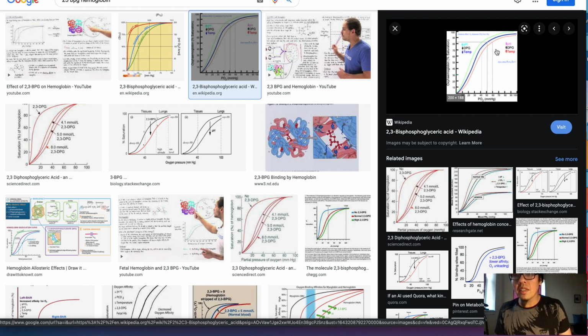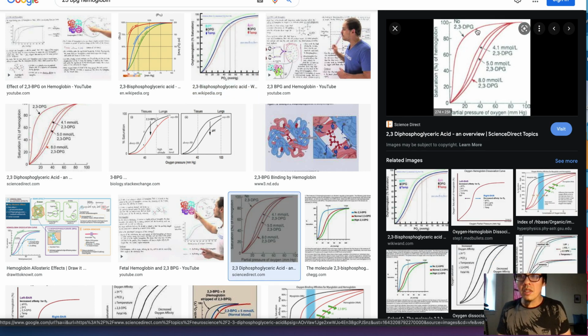Because then one of these curves that have DPG or BPG, right, will see no DPG here, and so when DPG is present, then the hemoglobin, and these are all at different partial pressures of oxygen, will be less strongly bound to O2, and thus give it up more quickly when it needs to.